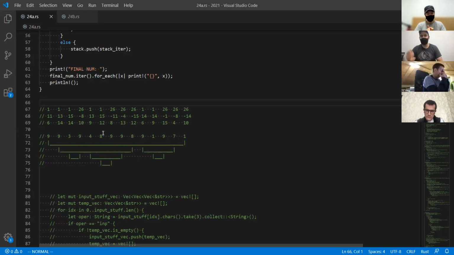So the key is that you round down every time you divide. If there was no rounding, then this would not work at all. But because you round down and the number that you added is less than 26, you're going to end up with the same value that you had before that last addition.